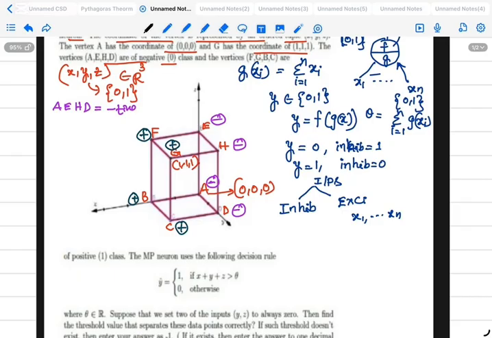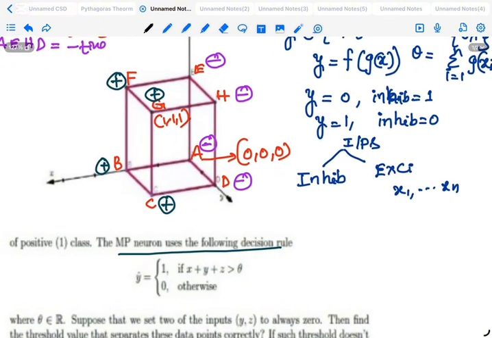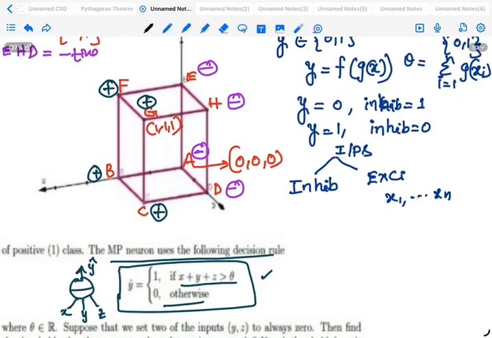For the positive class, the MP neuron uses the following decision rule, which is important. It predicts y hat equals 1 if x plus y plus z, where x, y and z are inputs to the MP neuron, is greater than theta, otherwise 0.